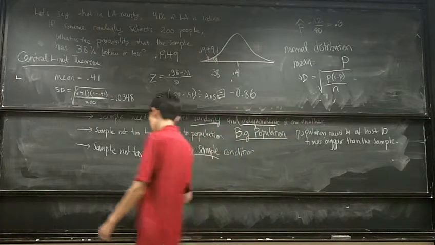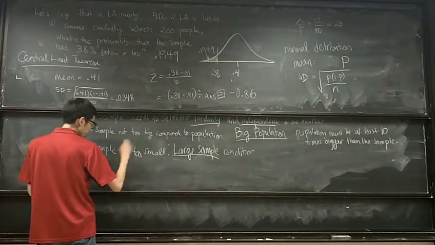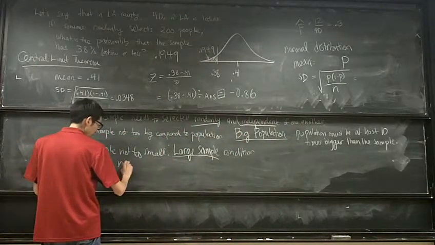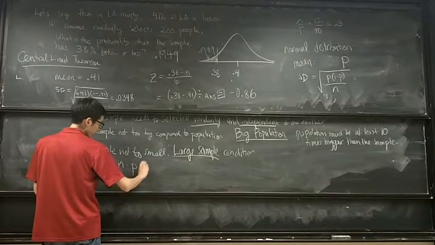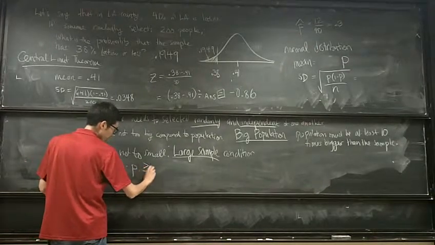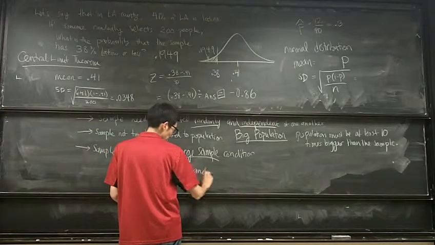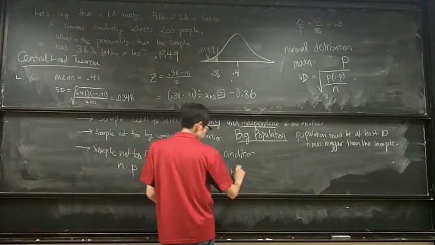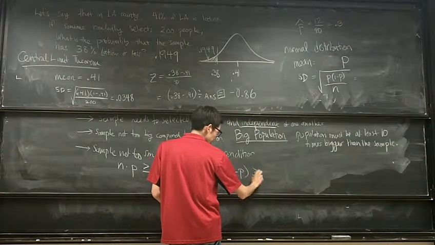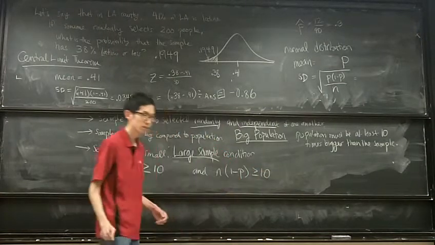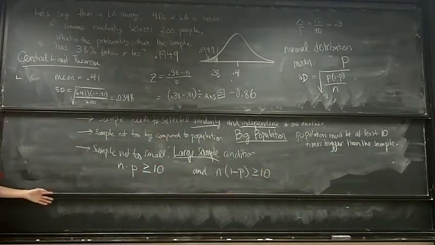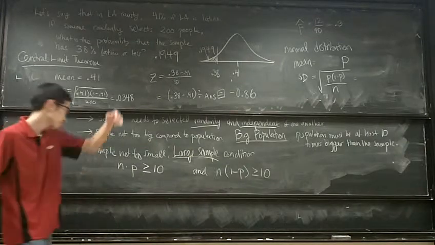And to check this one, there's two things you have to check. N times P has to be bigger than or equal to 10, and N times 1 minus P has to be bigger than or equal to 10. Okay. And if P is not given, use P hat.